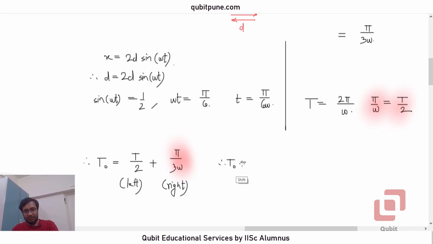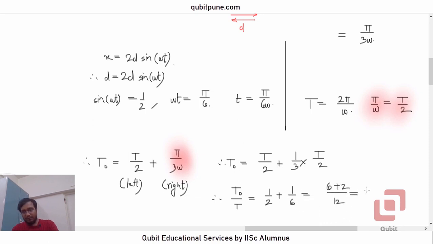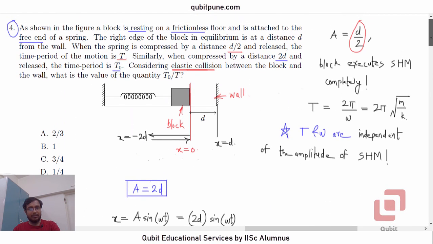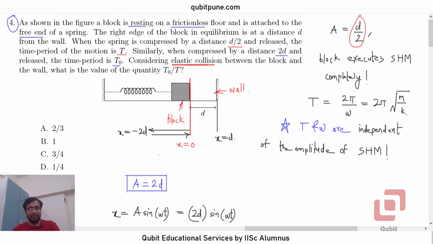So T naught is equal to T by 2 plus 1 over 3 into T by 2. Therefore, T naught by T, the ratio that we want, will be half plus 1 by 6. That will be 6 plus 2 by 12, 8 by 12, or 4 into 2, 8, 4 into 3, 12. 2 by 3 will be the ratio, and that is option A.